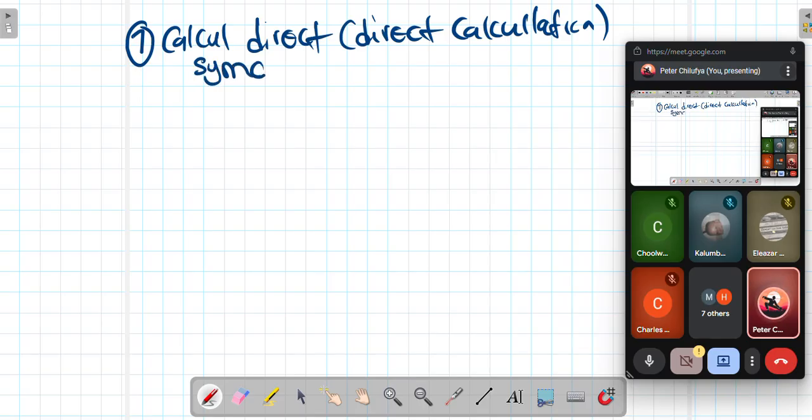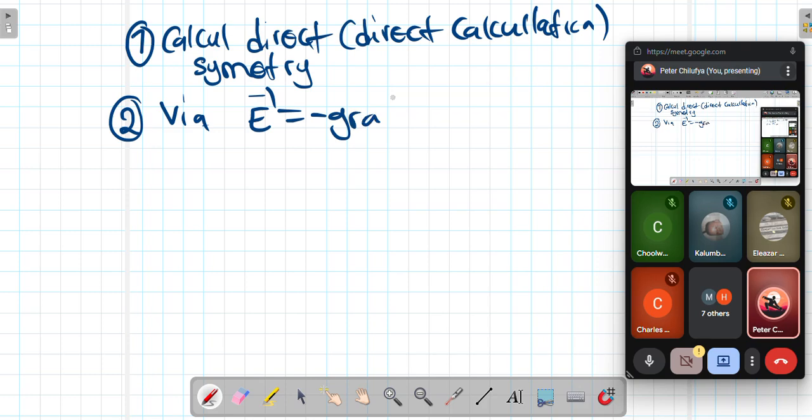Symmetry is very important, it simplifies the calculations. The other method is through the relationship E is equal to negative gradient of V. This is a very fundamental relationship, so we can also use it to find E.